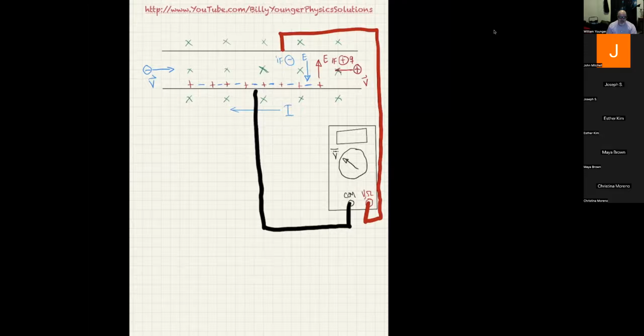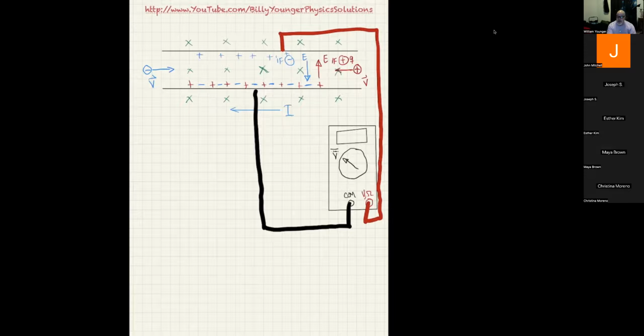Now, if there's a bunch of negative charges over there, that's sort of the equivalent of having a bunch of positive charges on the opposite side. And I think now you can see, oh wow, this is starting to look, in fact, like a capacitor.